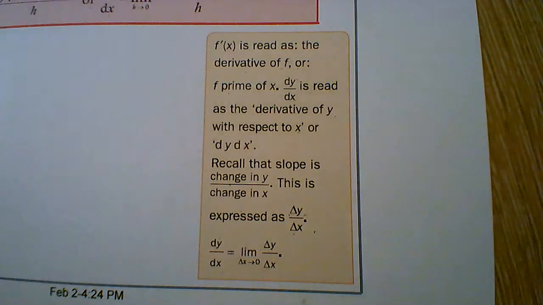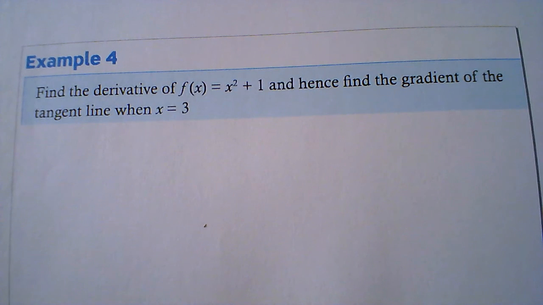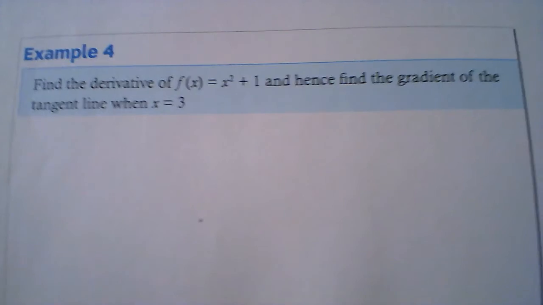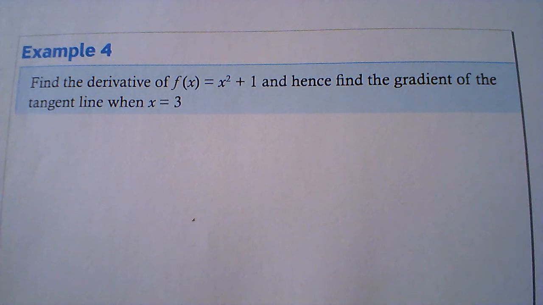Okay, so let's do another example together. Example 4 says, find the derivative of this function, which means you're finding the slope of the tangent line. And hence, what does hence mean in IB? And hence, that's a signal.